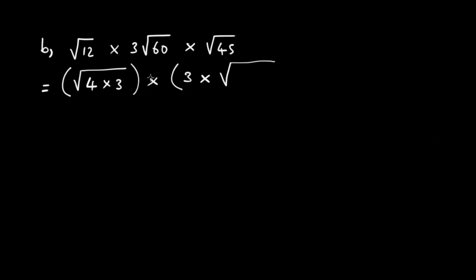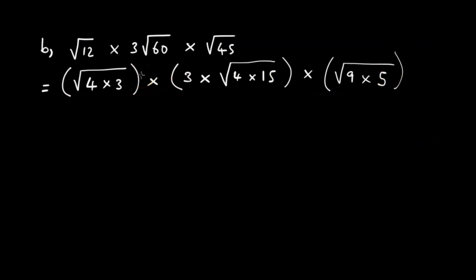No, 9 does not go into 60, but rather 4 times 15. 2 times 15 gives us 30, which means 4 times 15 gives us 60. And 45 is 9 times 5.